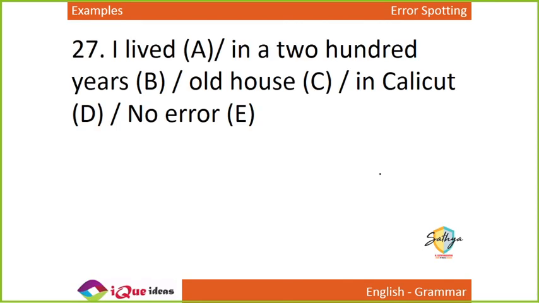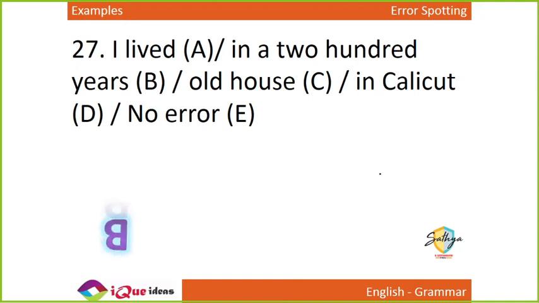I lived in a 200 years old house in Calicut. Now this is what we call an idiomatic error. Whenever you are using a number to describe age, the word year is used in singular, not in plural.